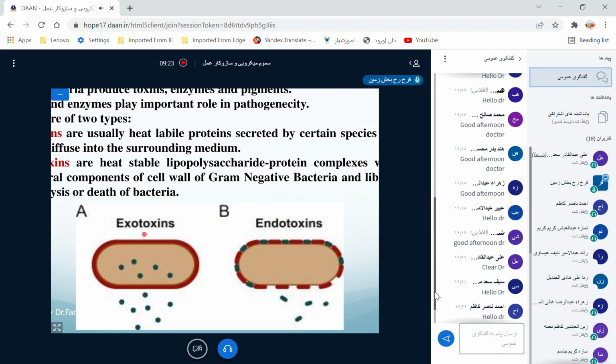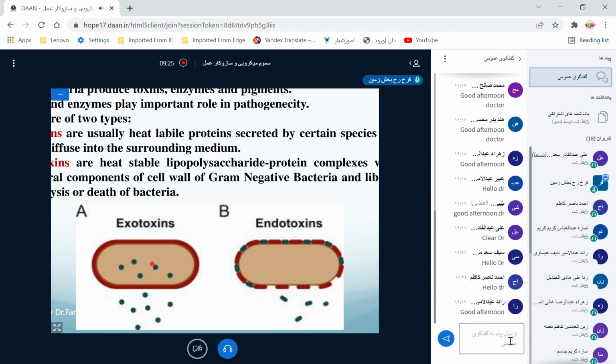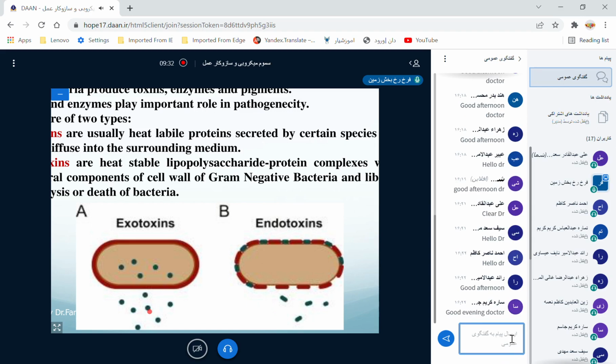But regarding the exotoxins, they are produced during the life of the bacterium and excreted outside for a specific tissue, a specific target place. So endotoxins don't have specific targets.